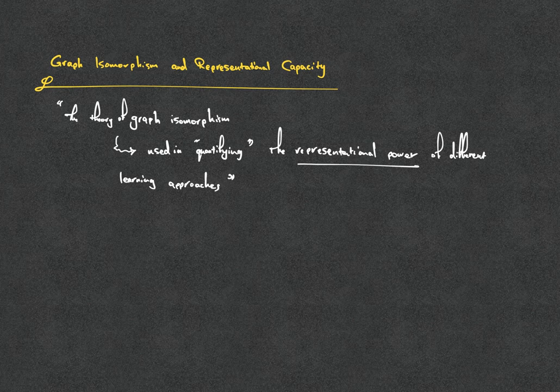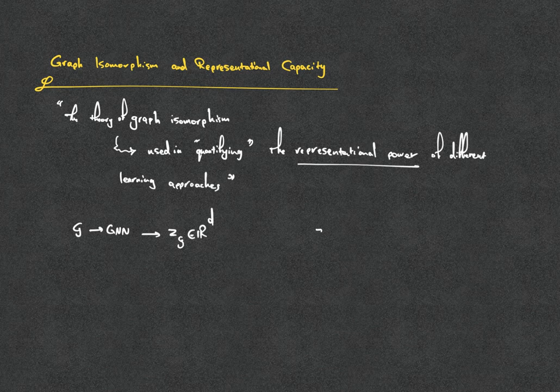Now, the theory of graph isomorphism can be used in order to quantify the representational power of different learning approaches. Meaning that if you have a graph and a GNN that you can pass it to and obtain a representation for this graph, which is in R^d, you can quantify how much information it has learned by asking how useful these representations are going to be if you want to do some sort of graph isomorphism test.